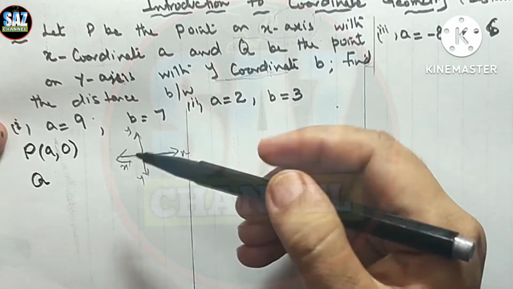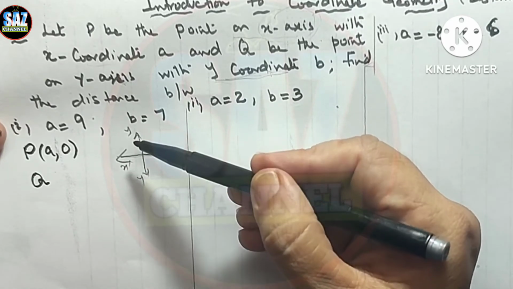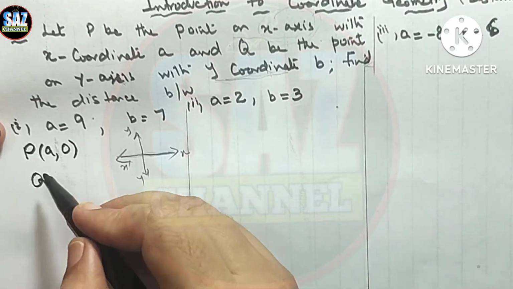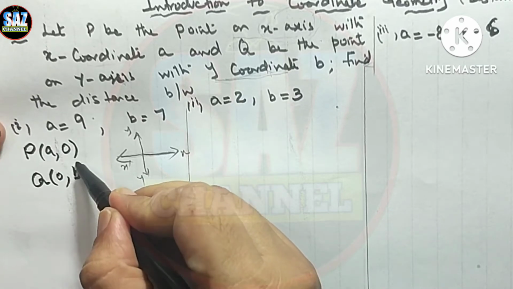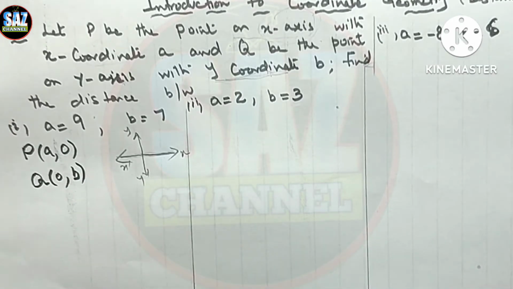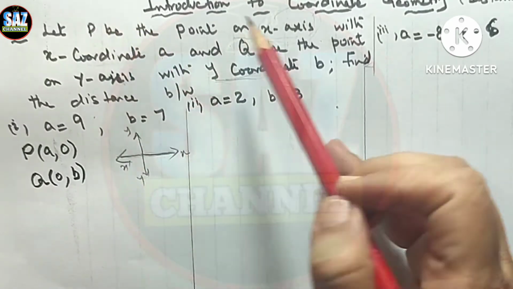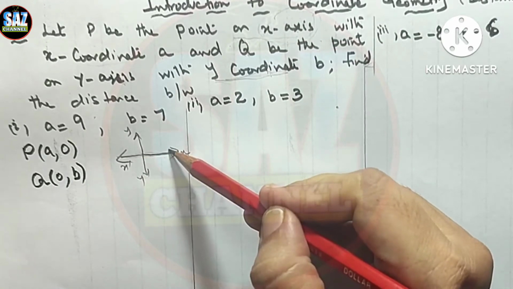Q is on y-axis, and when any point is on y-axis, we know that its x value will be 0. So the coordinates of Q will be 0 with B. I hope this is the point that we need to clear: if P is the point on x-axis, then what will be the coordinates of that point?